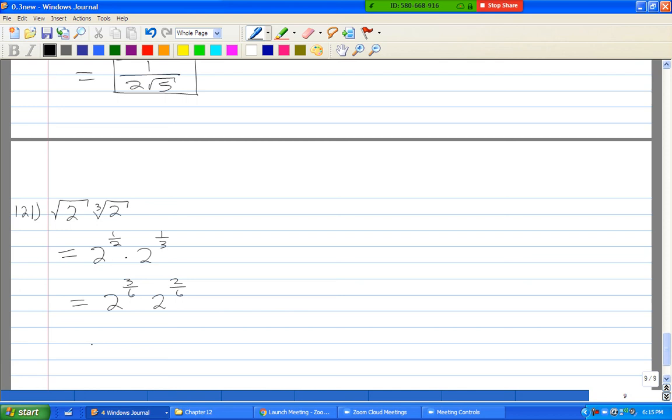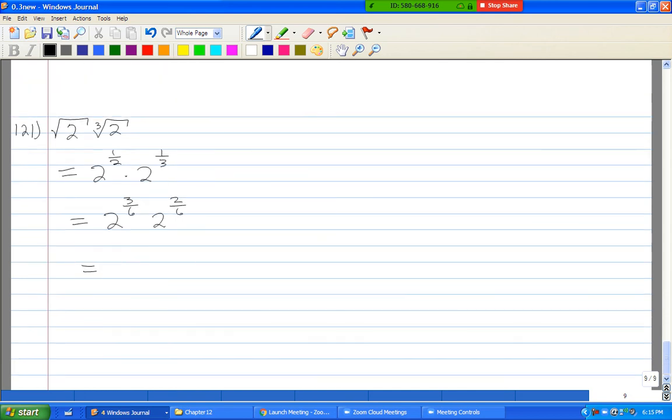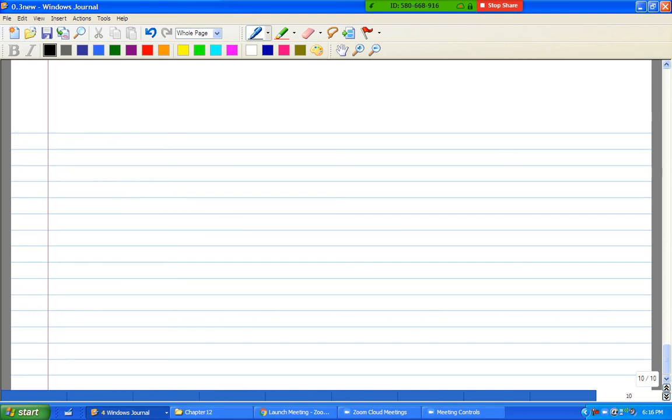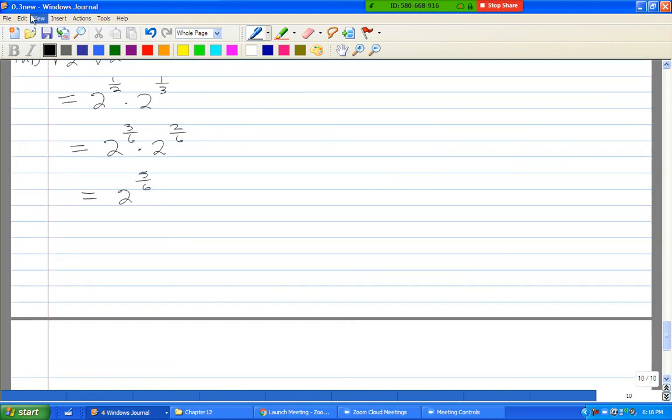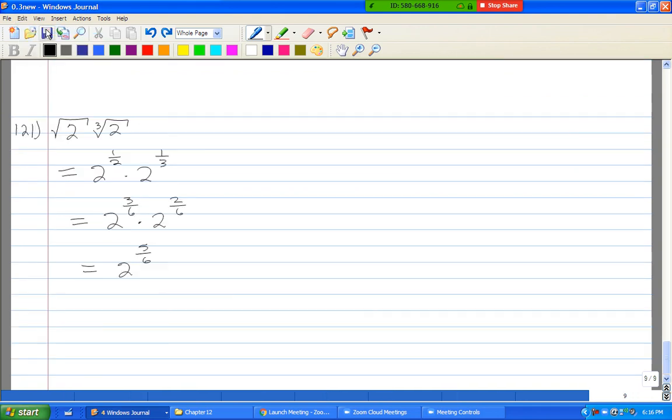So now I can multiply. I'll keep the same base and add exponents. 3/6 plus 2/6 is 5/6. And so lastly, oops, I don't need the hat.